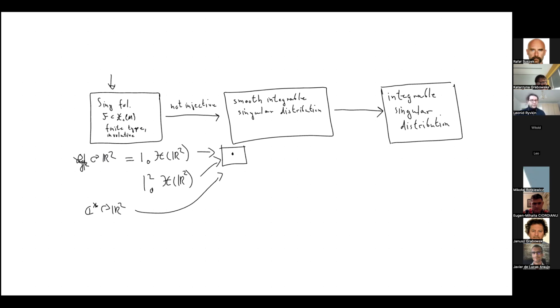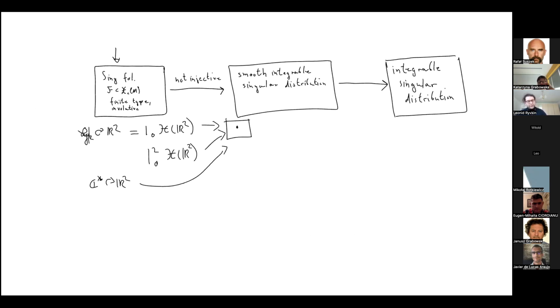Okay, so there are multiple types of things one could look at in this context. One of them is examples. Almost all examples we know of fall into the following class.